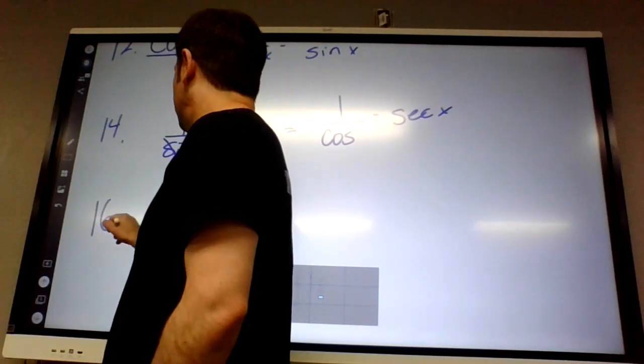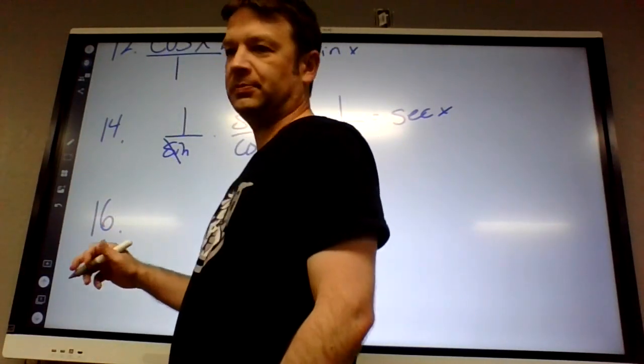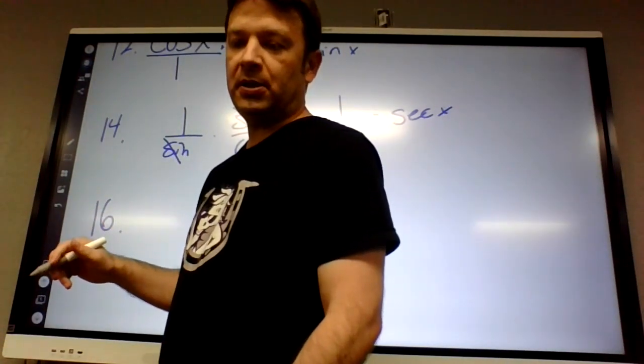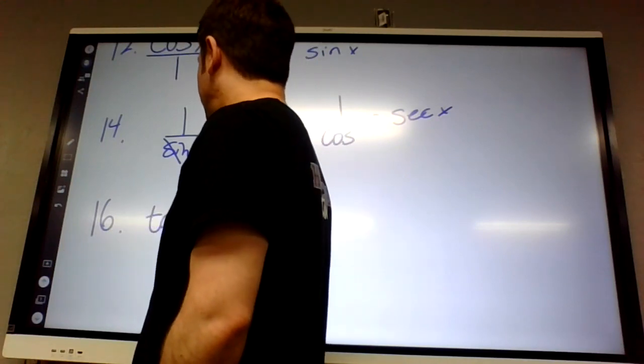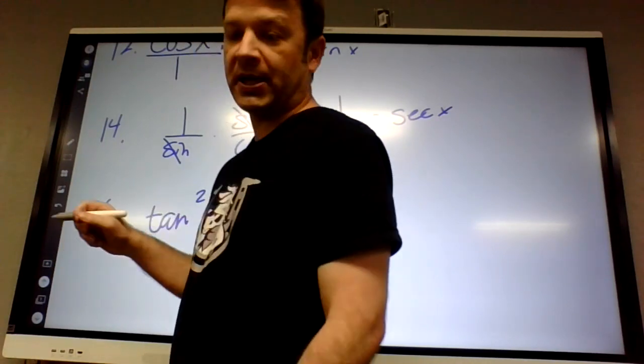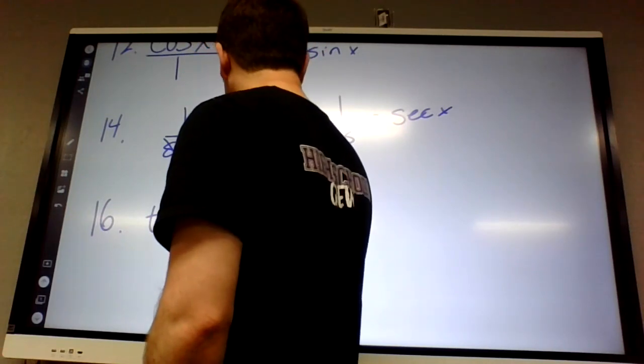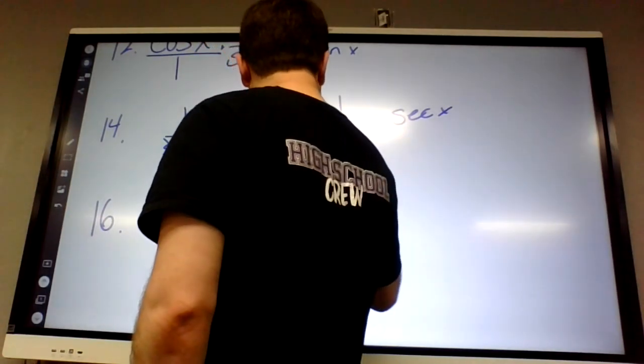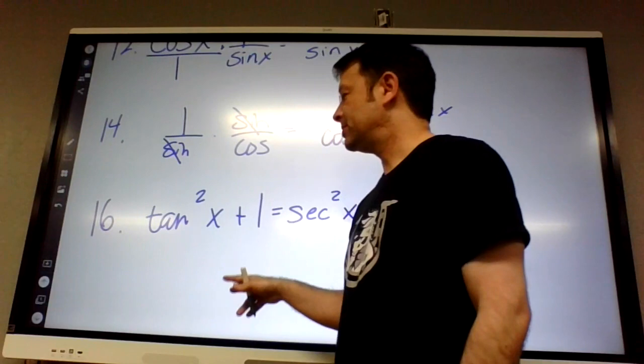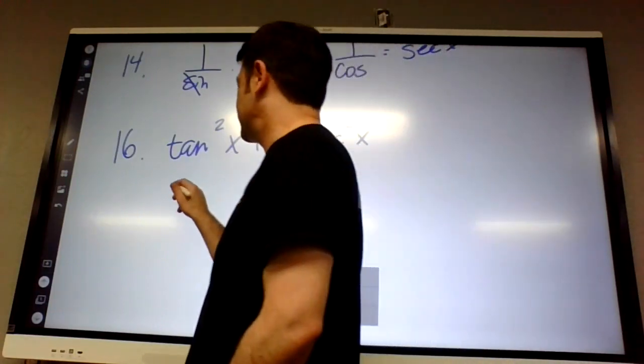Okay, number 16. So this one has a little bit of a new idea because it's tangent squared instead of just a normal tangent. Anybody want to guess what tangent squared is equal to?